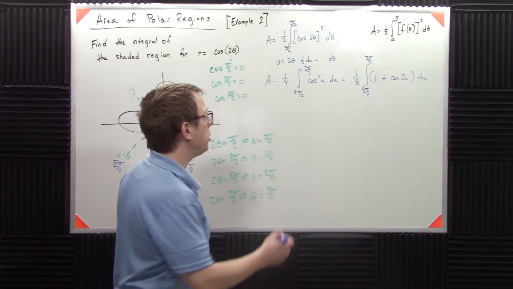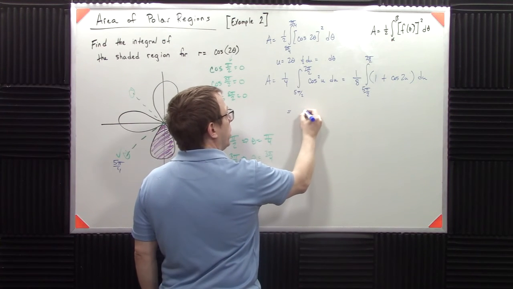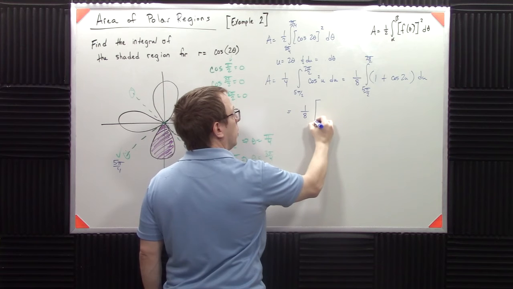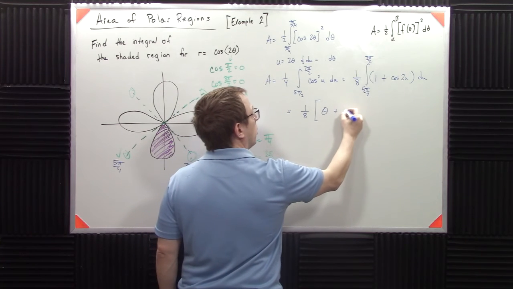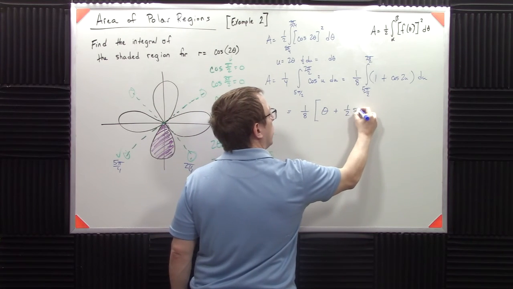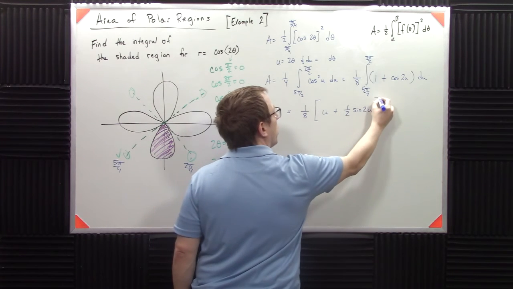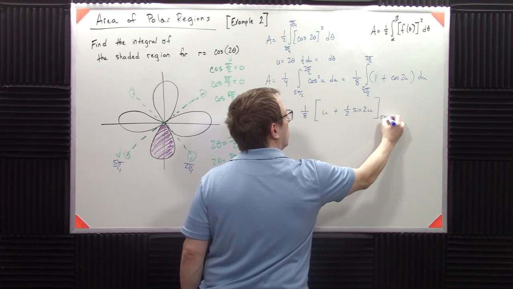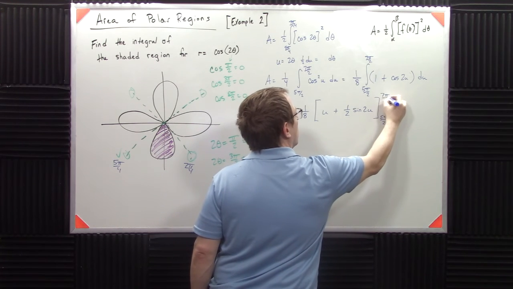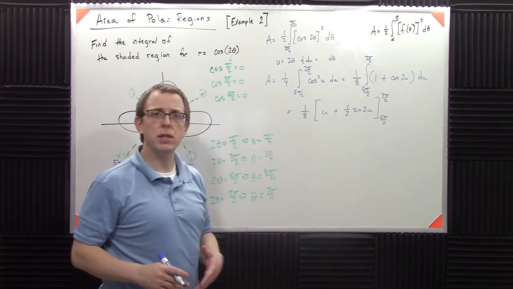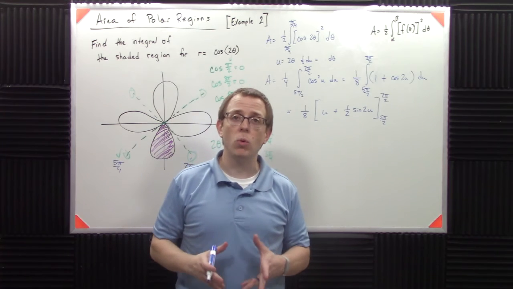And then as we continue on, we get the antiderivative 1/8 times u plus 1/2 sine of 2u. And you have this. Now, in the interest of time, I'm not going to solve this.